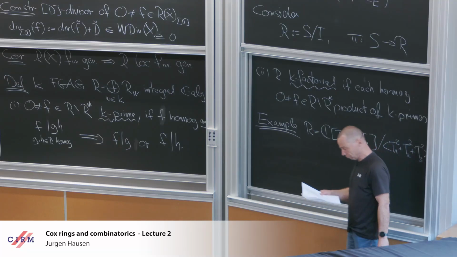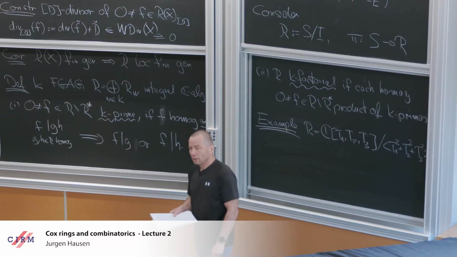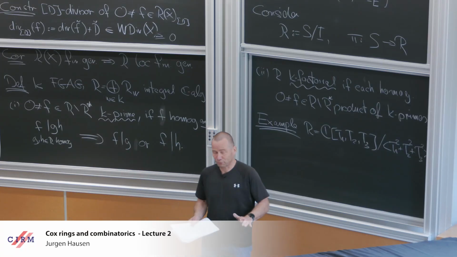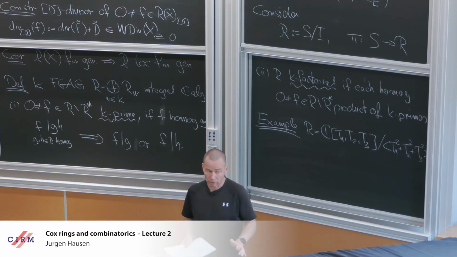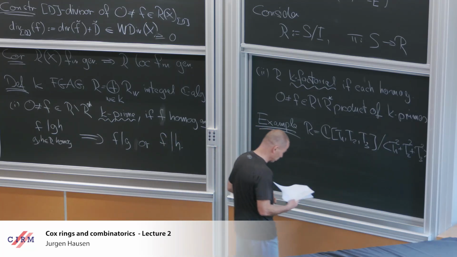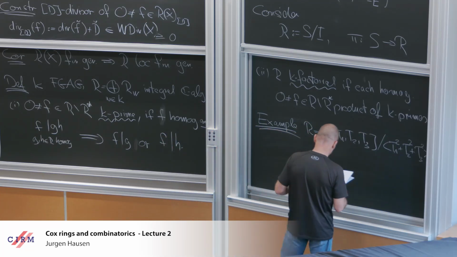Let us look at this ring. What I can tell you is that if we have a torsion-free grading group, then we are not far away from classical factoriality. But if we have torsion, then new life pops up.